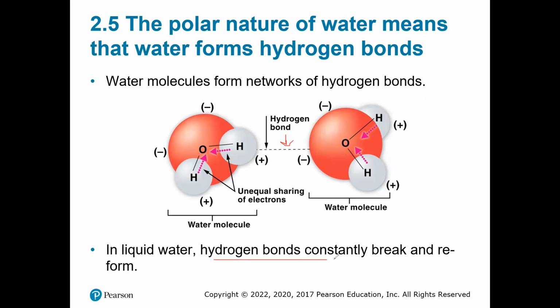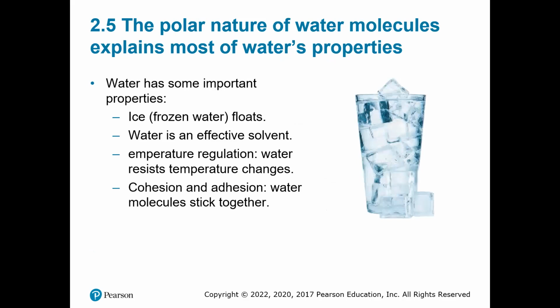I already told you hydrogen bonds constantly break and reform, so we're going to fly over that one. Now, ice floats. Why does ice float? We will get to a slide where it's on there by itself in a second.